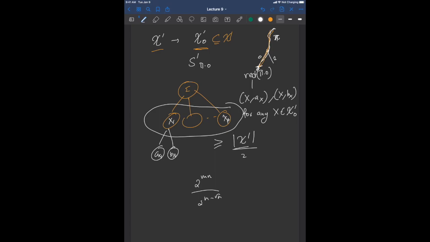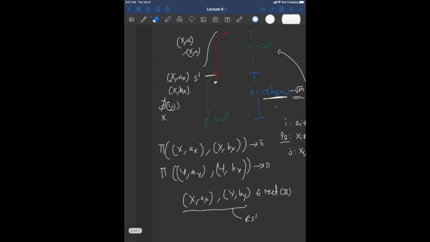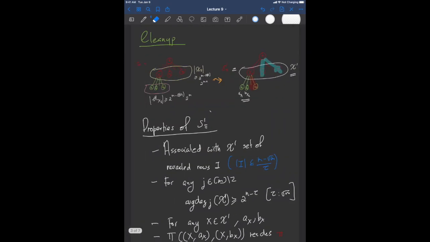But note that at the end of cleanup, we did not make any guarantees about the cardinality of X', did we? We did not. All we did was prove this property, that there are a bunch of unrevealed rows for this set of matrices X', such that all of them have a lot of information in their rows. In every row we have at least n minus τ bits of information.